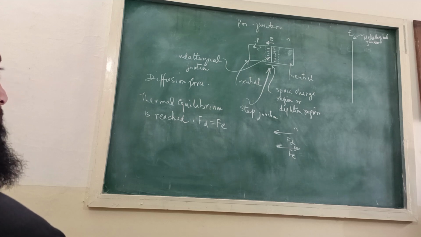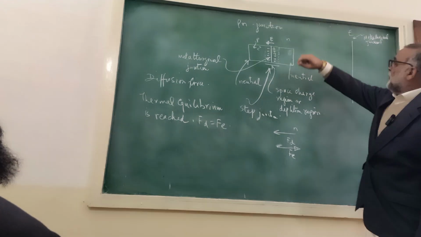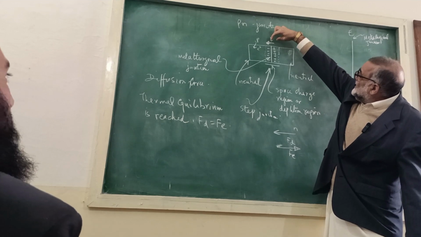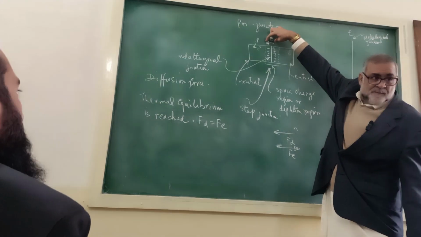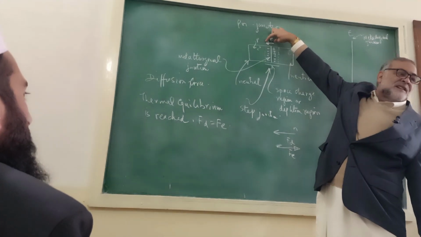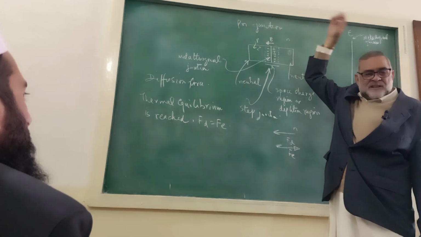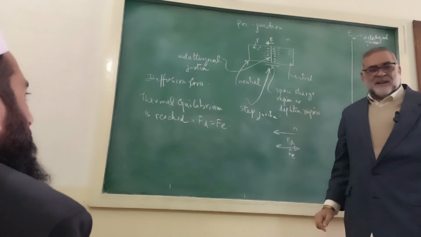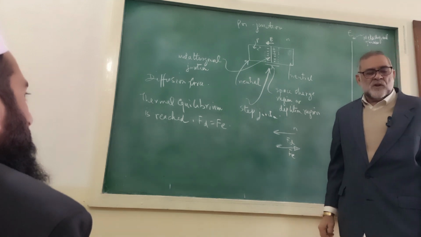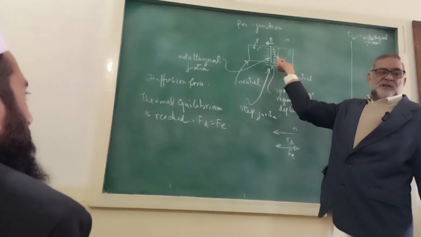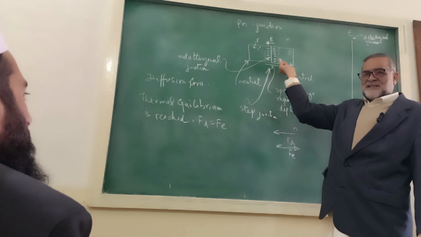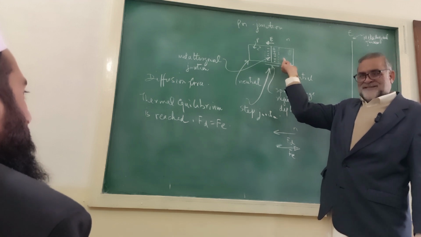This electric field can be considered as the gradient of potential. So we say a potential difference exists across the junction.